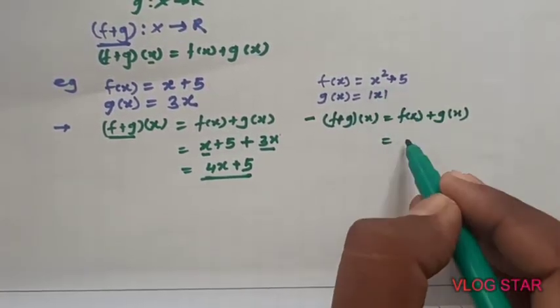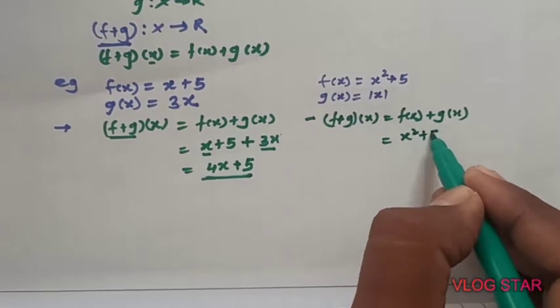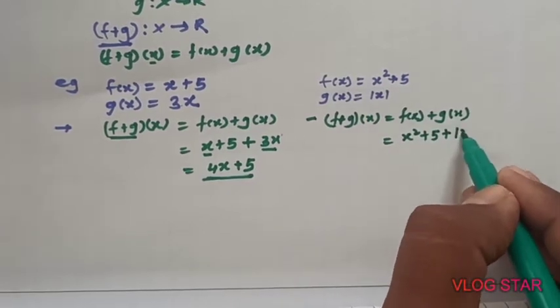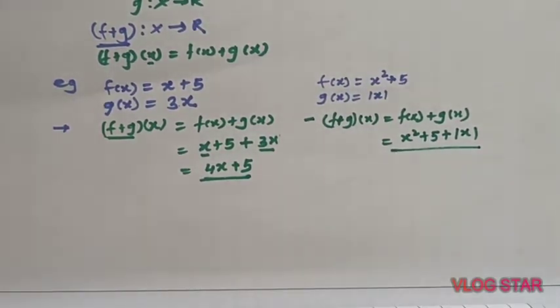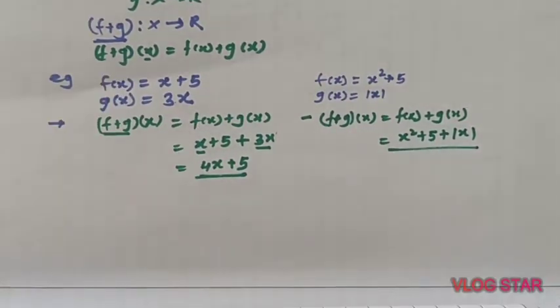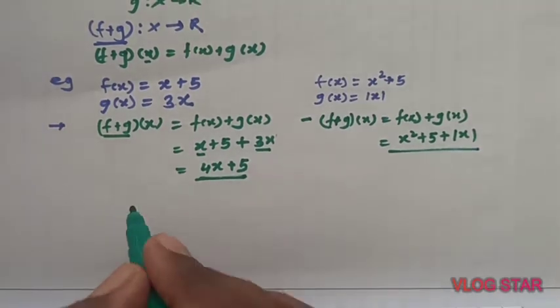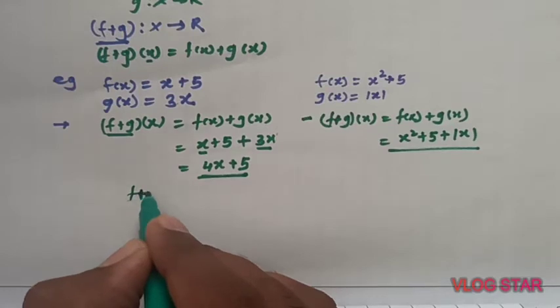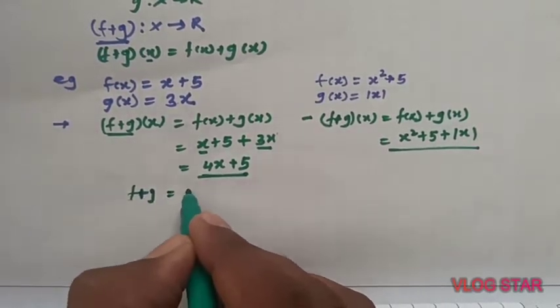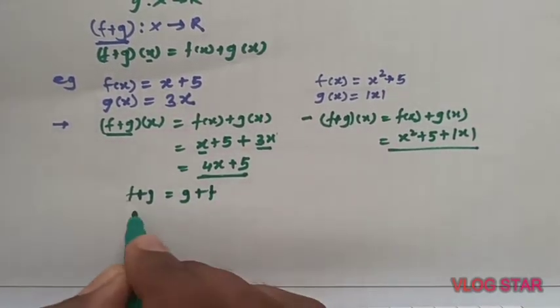The first function is x square plus 5 and second is modulus of x. So like this we got a new function. As addition is commutative, f plus g is the same as g plus f.